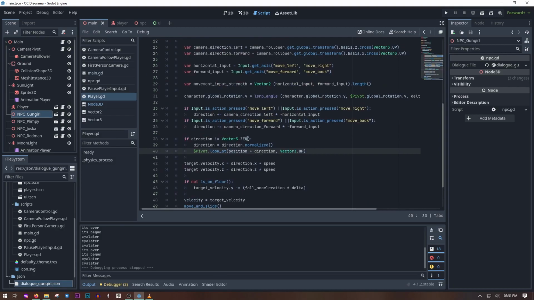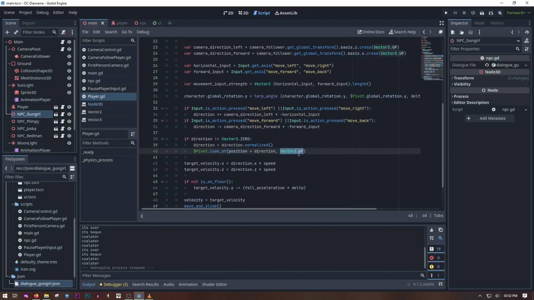So if it's not 0, because in various other places we're adding to it, vector 3 up. So the pivot of the character looks at the direction and our position with the vector 3.